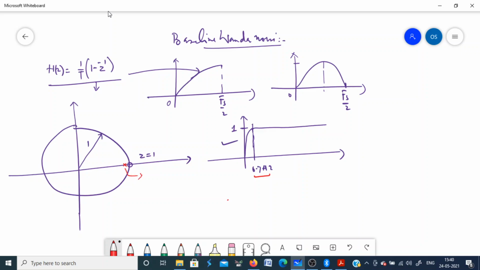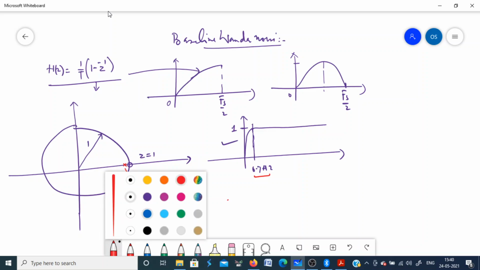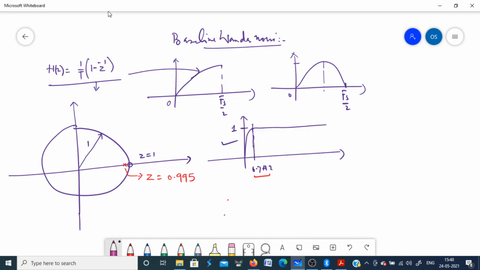So I have a pole at a point on the real axis, suppose very close to the unit circle, that is 0.995 maybe. Okay, and because of this pole, the transfer function will change.